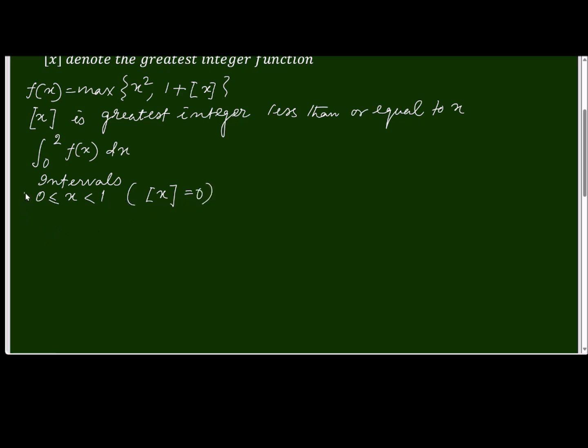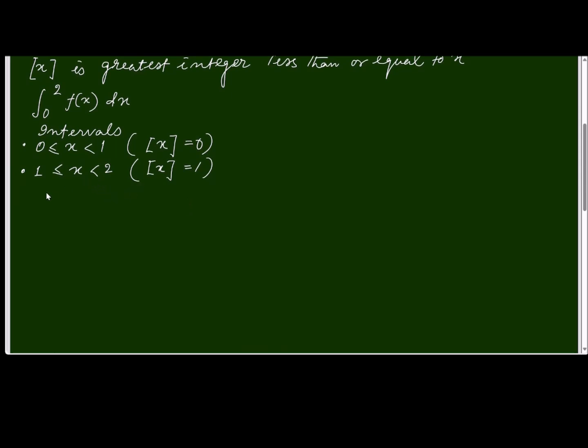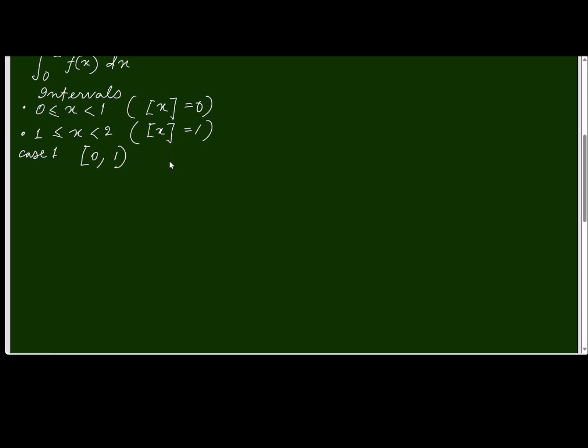And the second interval is x greater than or equal to 1 and less than 2. At that time this greatest integer function, or we say the floor function, takes the value 1. So the first interval is case 1, when the interval has 0 closed and 1 open. At that time the greatest integer function takes the value 0.